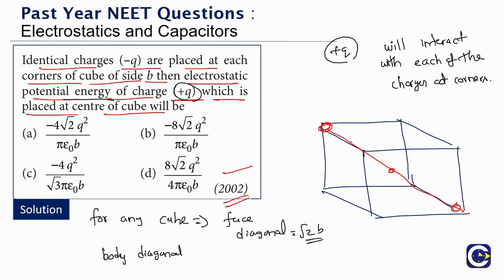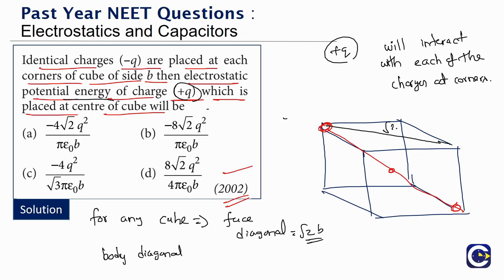And how do we get the body diagonal value? We take the face diagonal, and we create a right angle triangle.